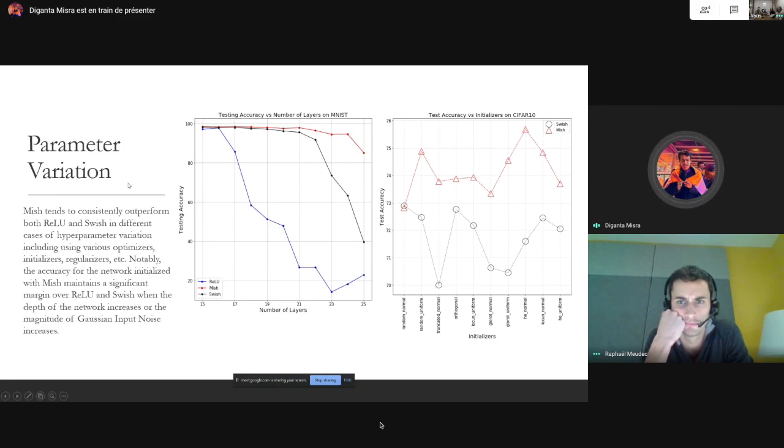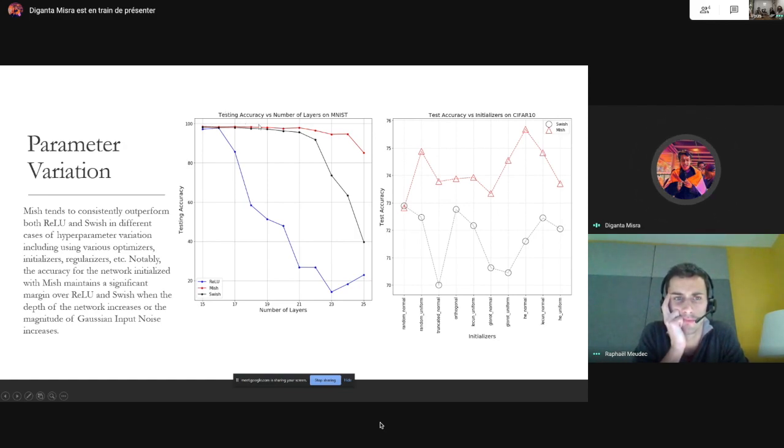As you can see, until 15 layers, the test accuracy was maintained around 98 to 99%. This is just on MNIST. After 15 layers, ReLU started to drop significantly, and you can see the drop was pretty fast. From 98.8%, it decreased to around 22.3%.